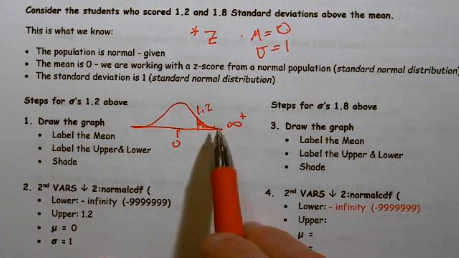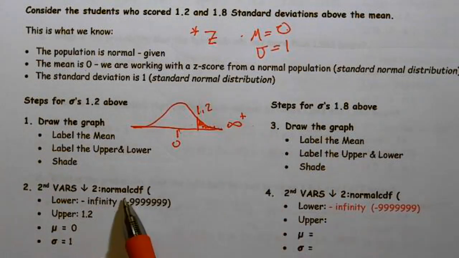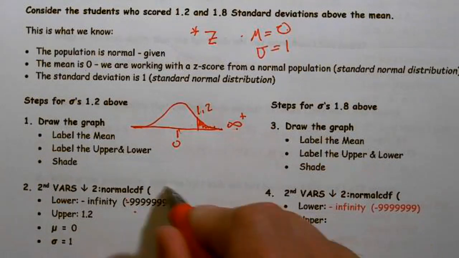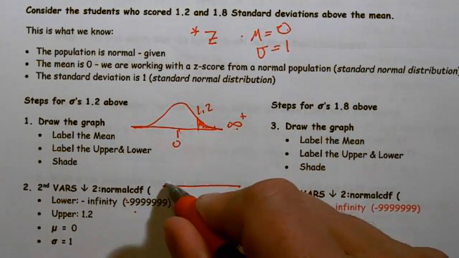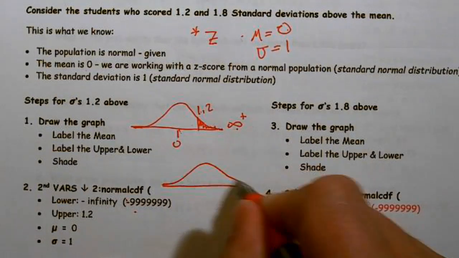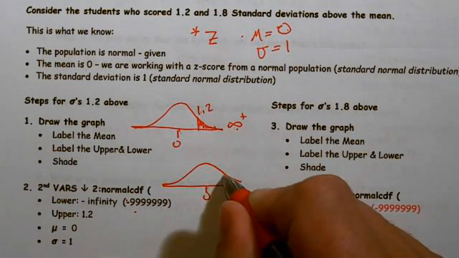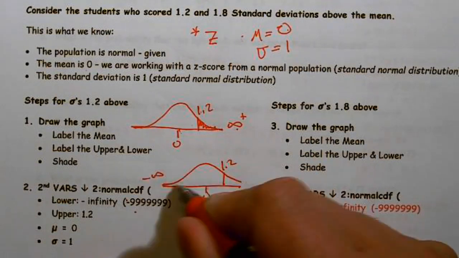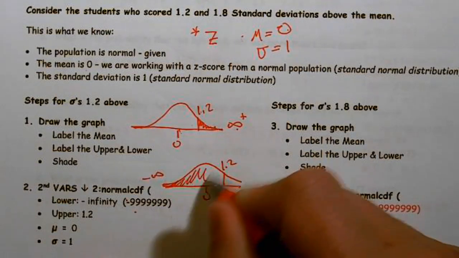So positive infinity is that way. But if we are actually looking for a percentile rank, so 1.2 and above would be this way. But since we're actually looking for a percentile rank, we need to do this. There are 1.2 standard deviations above. But we wanted a percentile rank, and percentile ranks always go from negative infinity.